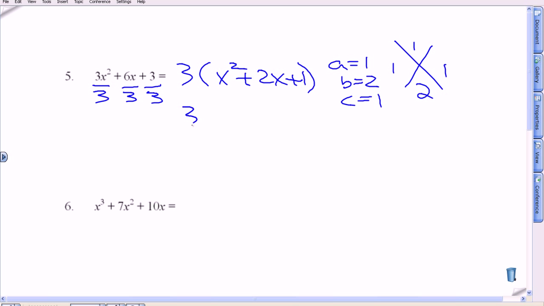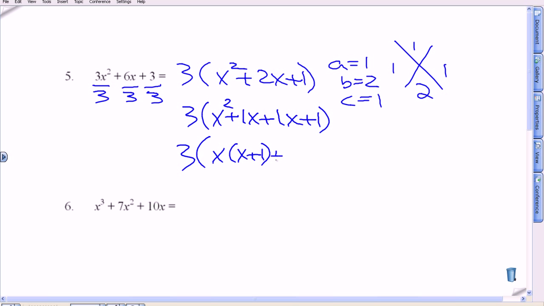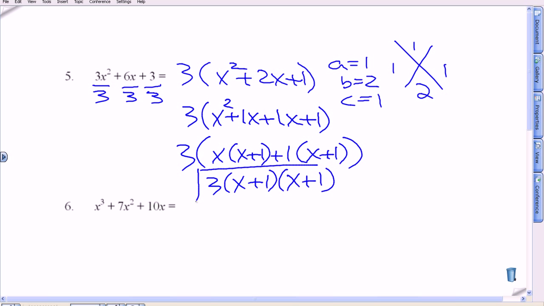So this becomes 3 times x squared plus 1x plus 1x plus 1. This becomes 3 times x plus 1 plus 1 times x plus 1. And the final answer, 3 times x plus 1 times x plus 1. I'll box that up.